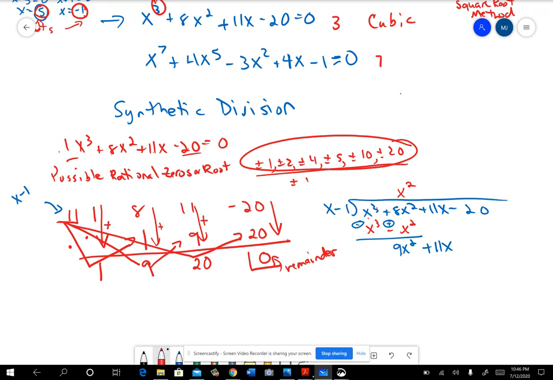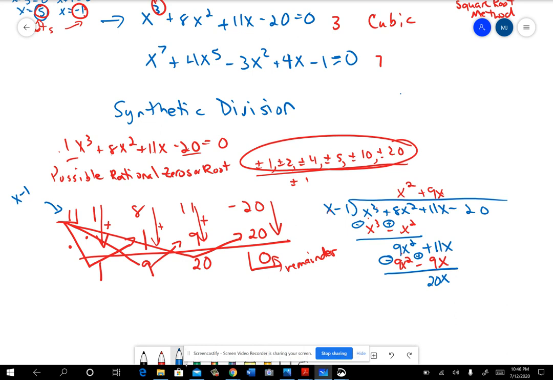x divided into 9x squared is 9x. Then you multiply back, get your 9x squared minus 9x. Okay, then you're going to change the signs because you're subtracting, so you can think of it as adding straight down, adding the opposite. See, right here's the 20. This is where people always messed up, right?